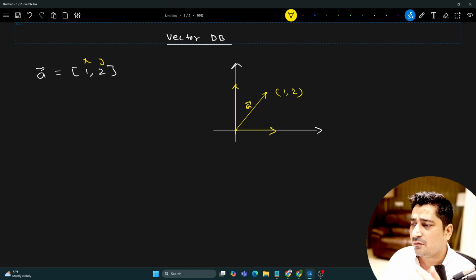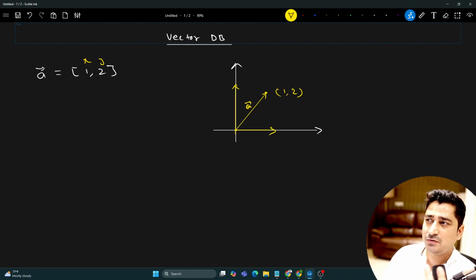Now, whenever we talk about generative AI, or about a RAG application, you must have encountered that we are using a vector database. So what are we trying to achieve with the help of a vector database?